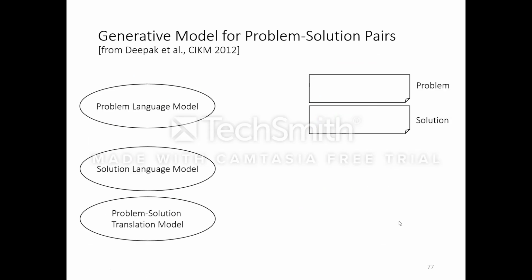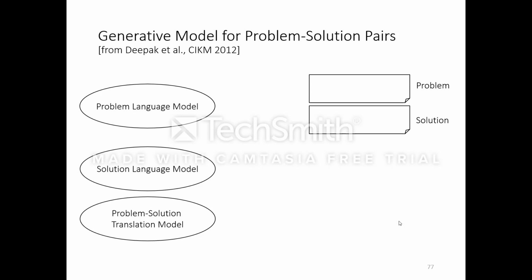And here let me just introduce a simple language model based approach for the problem, which is adapted from a CIKM 2012 paper. They propose a generative model for creating question answer pairs or problem solution pairs. What they say is, let's assume that there is a problem language model, a solution language model, and a problem solution translation model, which is learned using statistical machine translation, right?